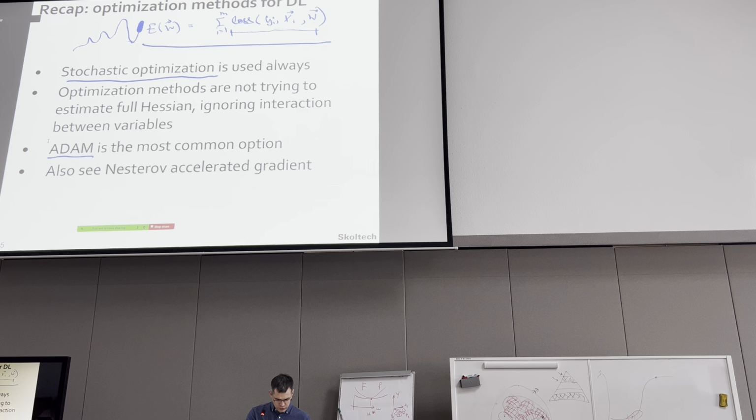Also, we can consider some options to select the momentum coefficient and the learning rate, and this is something you should also master in practice with some initial insights given in this lecture.